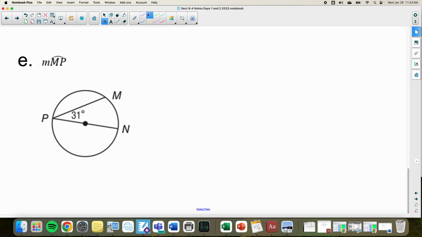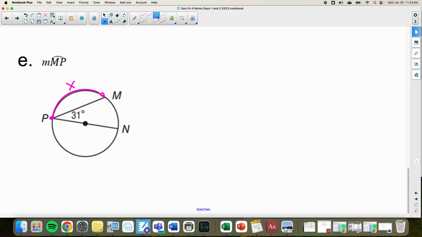Now this one is a little bit different, okay? This is asking us for arc MP over here. So what we can do is we can find arc MN and subtract the measure of arc MN from 180 to find arc MP, since PMN is a semicircle. Yes, perfect. So if this is 31, what would arc MN be? 62.